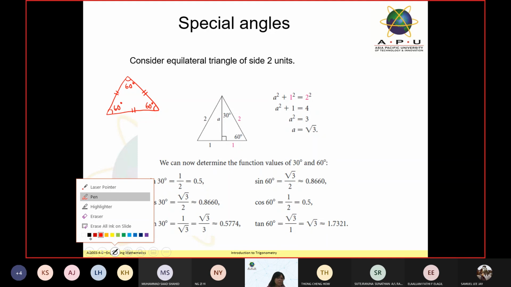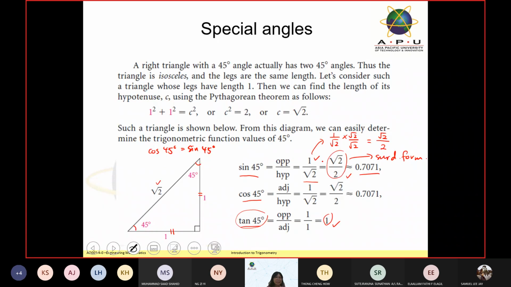Okay, hold on. Samuel, here is about 45. Oh, okay. You are saying that common angle, of course, sine 90, cos 90, this is another common one that we need to know as well. I'm not saying that it is not, yes, okay, but I'm just trying to tell you about sine 45 and cos 45.